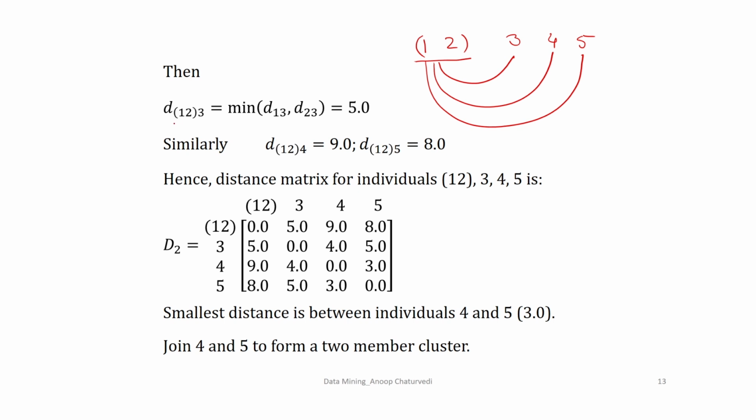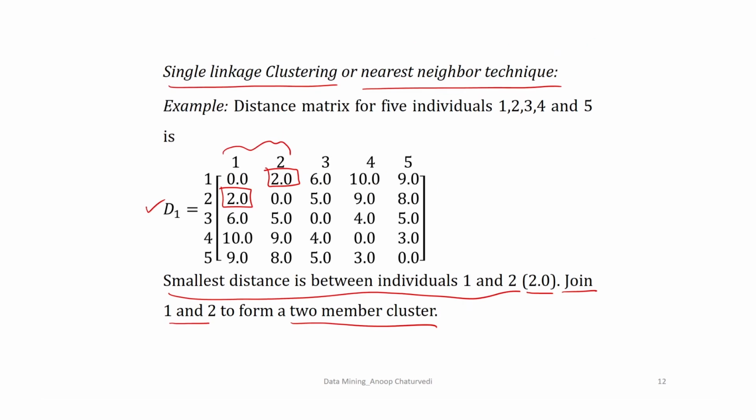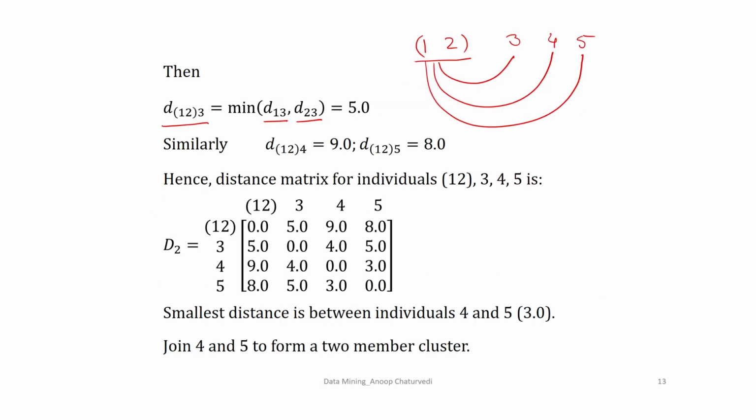So, the distance between 1, 2 and 3 is calculated as the minimum of D13 and D23. Now, notice that D13 is 6.0 and D23 is 5.0, and minimum of the two is 5.0.